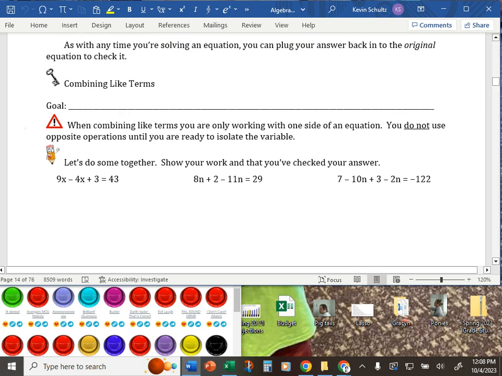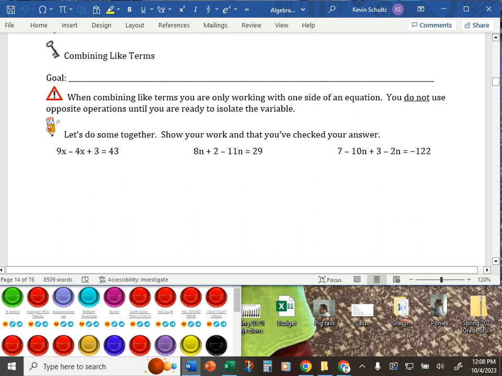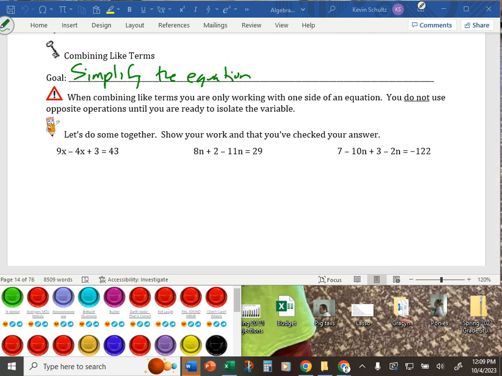Okay? So if you think back to combining like terms, the goal of combining like terms is to create a two-step equation. Simplify like terms, I should say, maybe instead of the equation, simplify like terms.